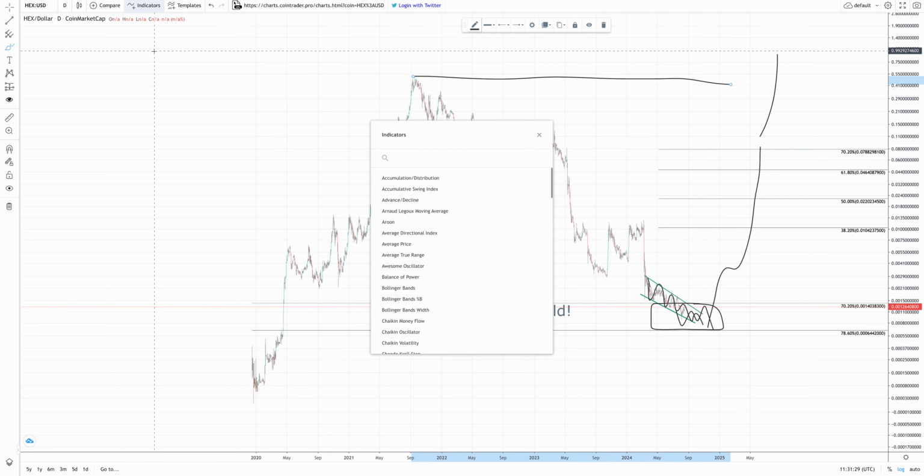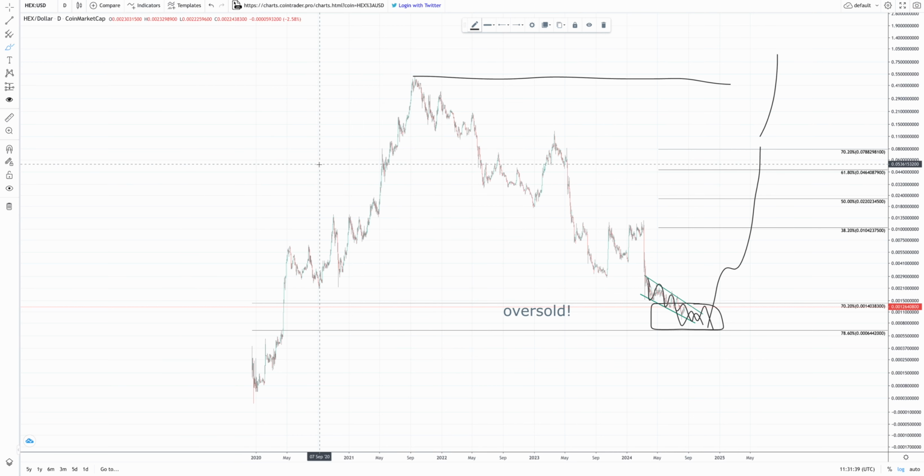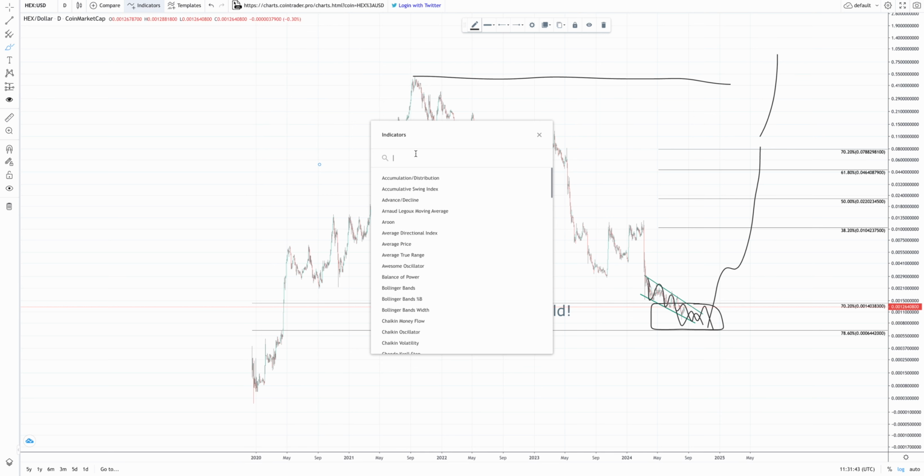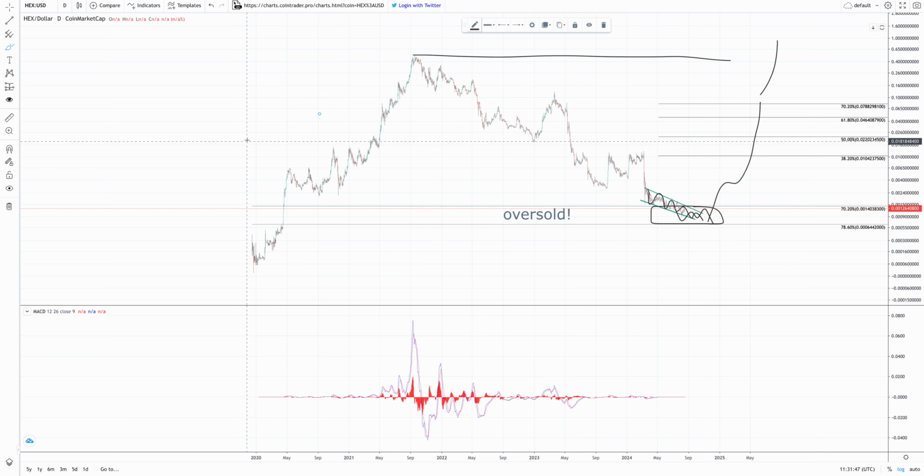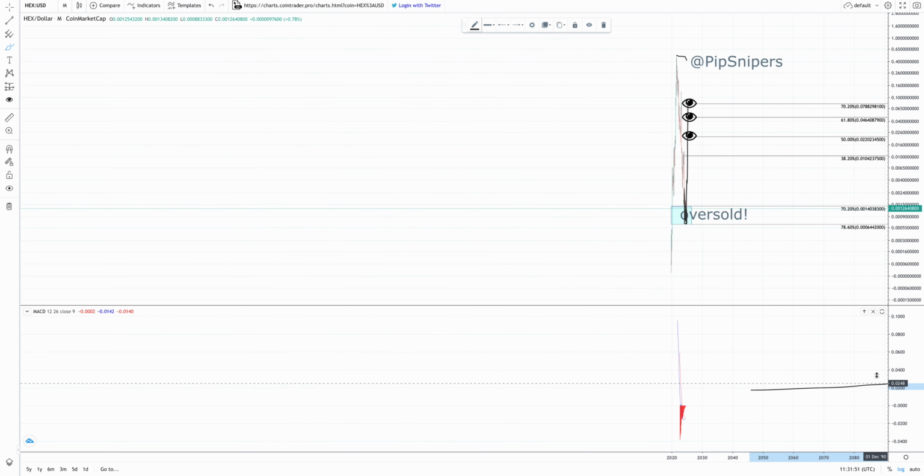Okay, we can see that the structure is starting to turn very bullish, and sellers are becoming exhausted, because when we take a look here at the MACD on the monthly time frame, we do see that it's about to cross up.